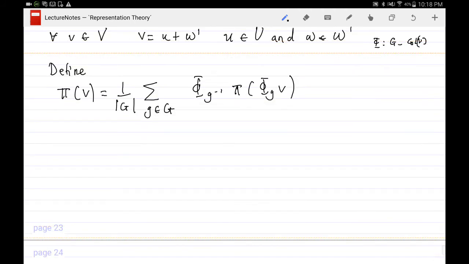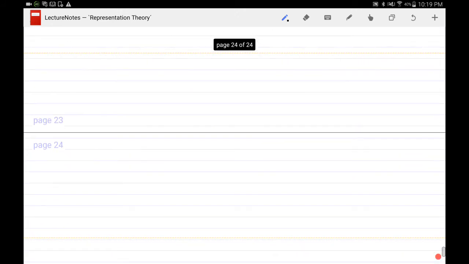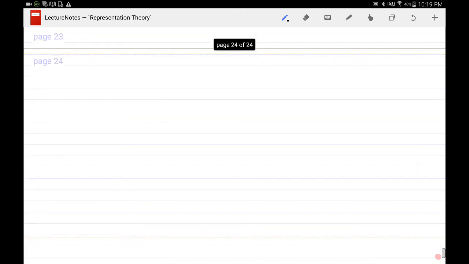Okay, so what is this doing? Oh, sorry, there's a mistake here. Pi prime is our projection. So what is this doing? Let's investigate this before we move on.